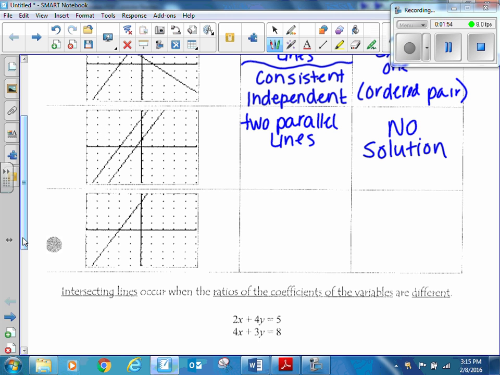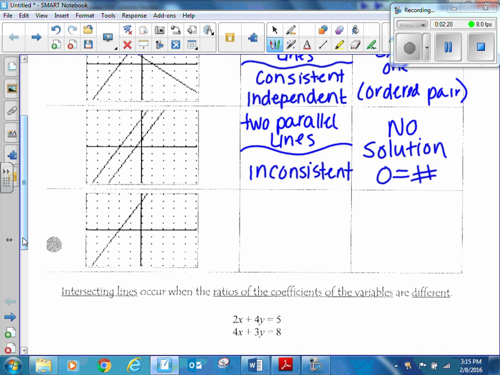When you're solving with no solution, you're going to end up with 0 equals some kind of number, and that's a good hint that it's no solution. And because this does not have any solutions, it is considered inconsistent, because remember, you need one or more to be consistent.